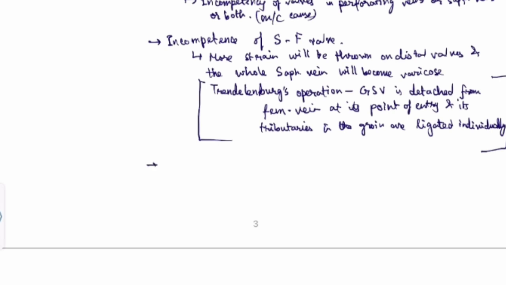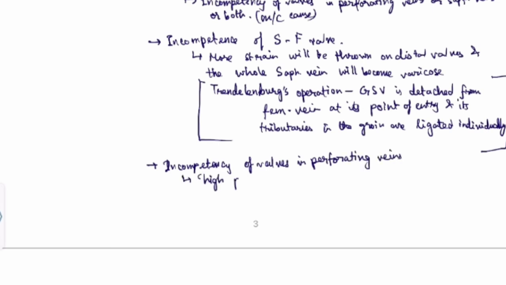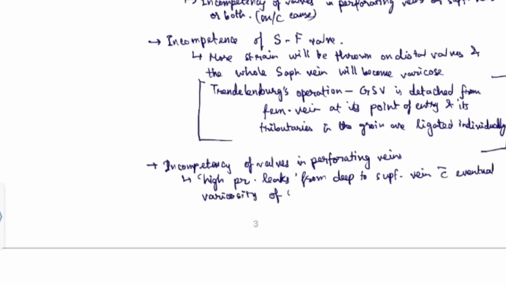Now, what if there is incompetence in the valves of the perforating veins? It will lead to high pressure leaks from deep to superficial vein, with eventual varicosity of the superficial vein.